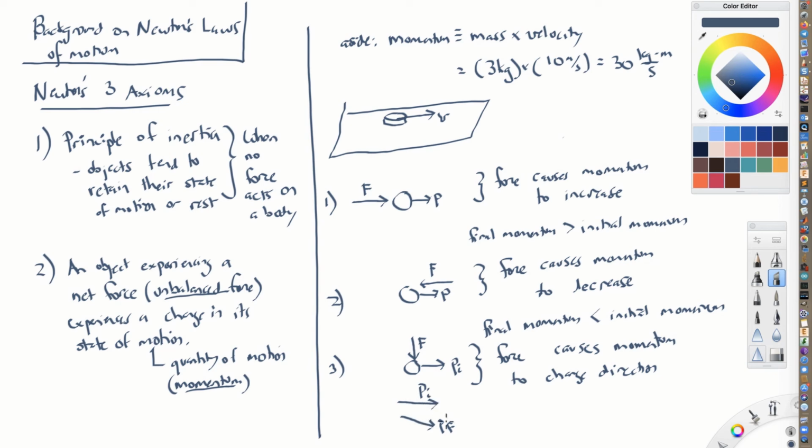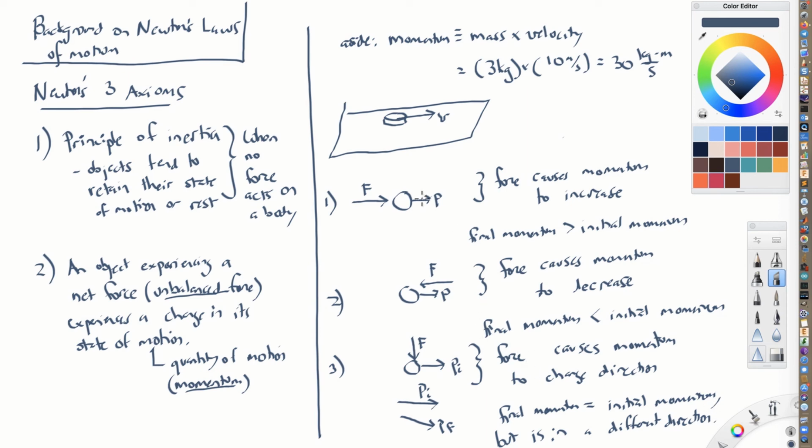It could have a final momentum of 30 kilograms meters per second, but it's in a different direction, okay? So the final momentum, at least in its size, is equal to the initial momentum, at least in magnitude, but is in a different direction. That counts as a change in momentum, by the way.